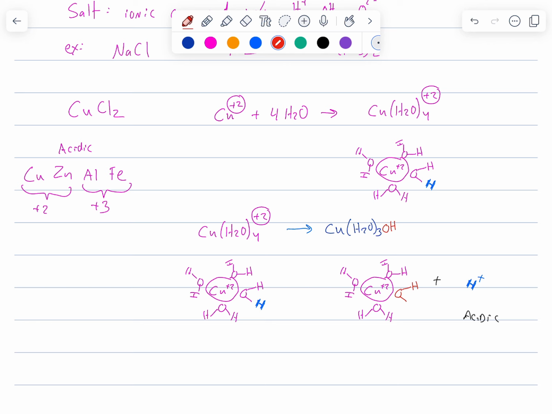That's why there's just the remains of the fourth. Now, anytime an H plus leaves, the charge goes down by 1. So we started with a charge of +2, but it ends up being a charge of only +1 because your other positive charge is the hydrogen ion.